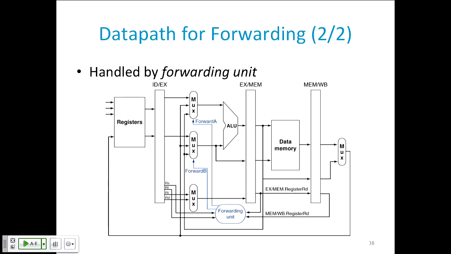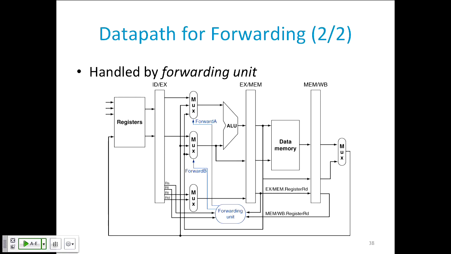If there's a match, I set these muxes here to forward the data value back to the input of the ALU. So this is where I'm sneaking this value and feeding it back around. Notice I've already read the register, but that's the old stale value, and I just ignore it. I read it anyway because I don't know any better at that point in time. I read the old value in case I need it.